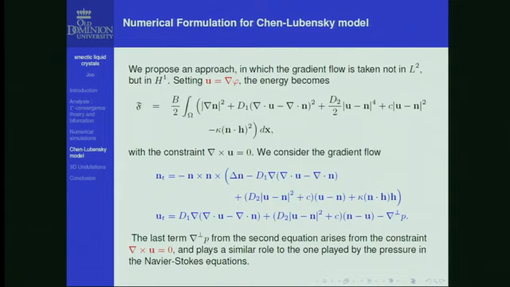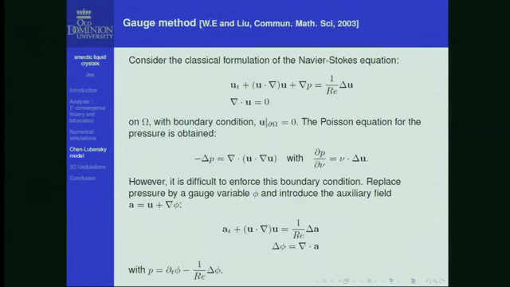Then we put that into this equation, where the pressure appears as the Lagrange multiplier of the incompressibility condition. So we put that pressure term into the equation, and this is compatible with this free energy. So now we want to solve this equation instead of the fourth order differential equation.